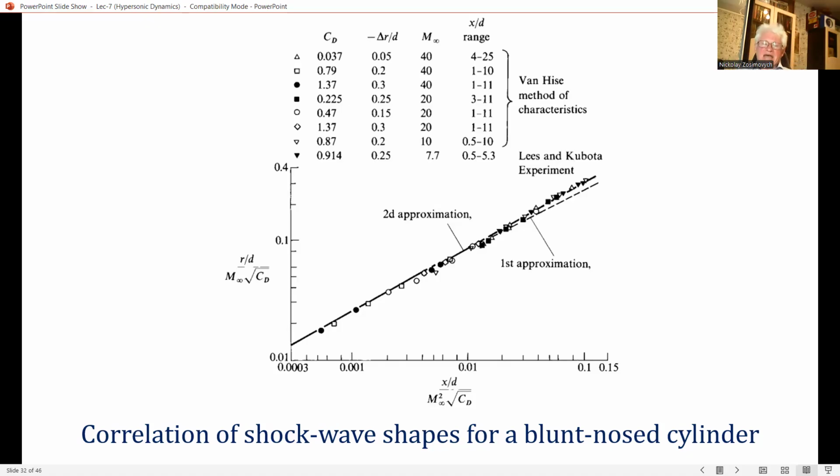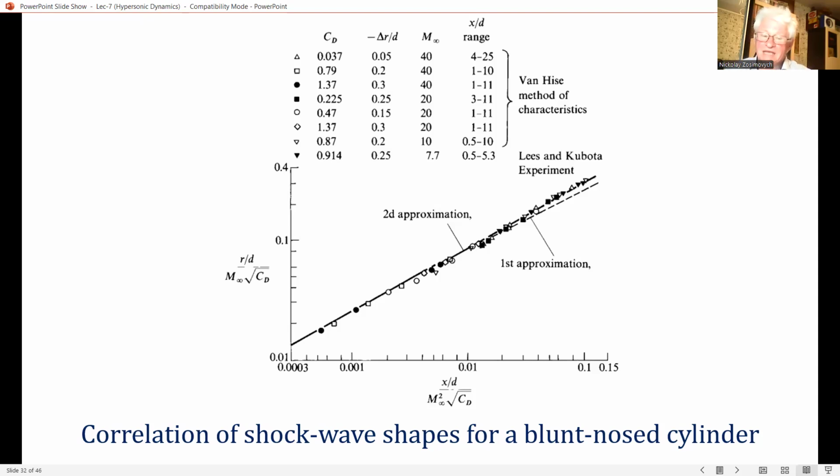And this ends our discussion of blast wave theory and the general idea of the hypersonic equivalence principle. Our purpose has been to describe these ideas, to make them plausible on a physical and mathematical basis, and to show some practical results.